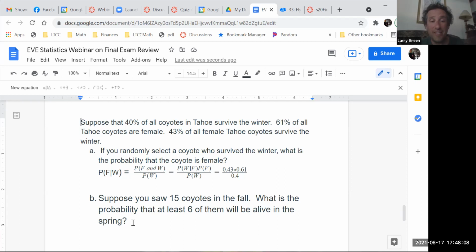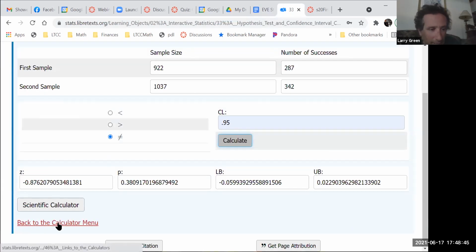Okay, so what's the strategy? Any thoughts? Okay, if you don't know, let me tell you, it's the binomial calculator. Because we're choosing many coyotes, each has the same probability of surviving. We're going to find the probability that at least 6 of them will survive. So I'm going to go to my binomial calculator.